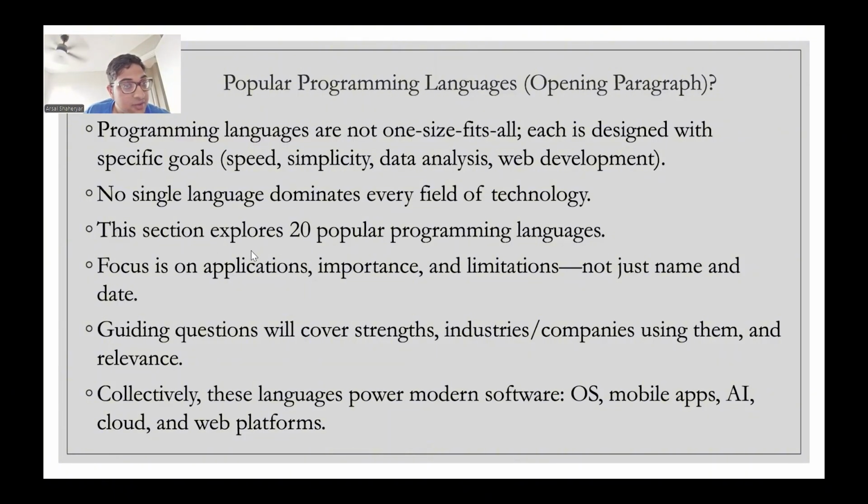This section explores 20 popular programming languages. Focus is on application, importance, and limitations, not just name and date. Guiding questions will cover strengths, industries and companies using them, and relevance. Collectively, these languages power modern software, OS, mobile apps, AI, cloud, and web platforms.